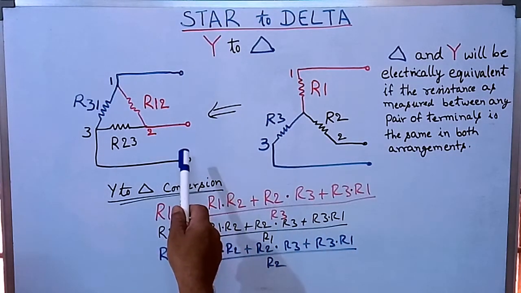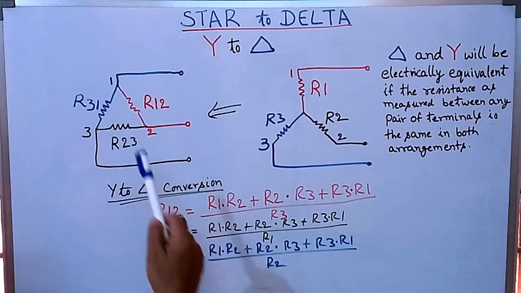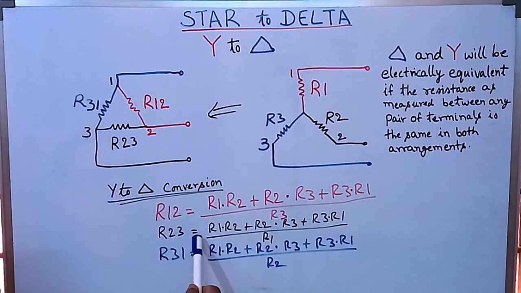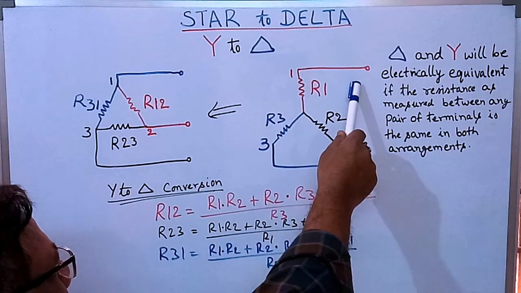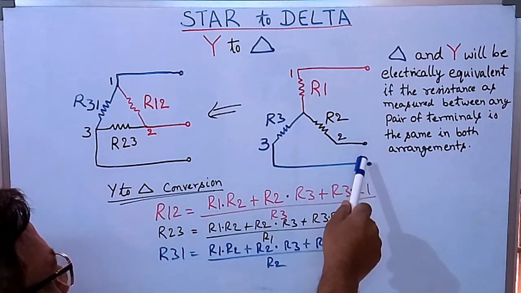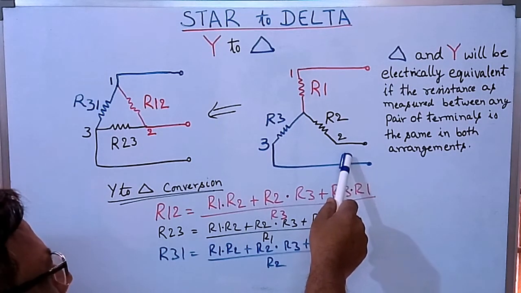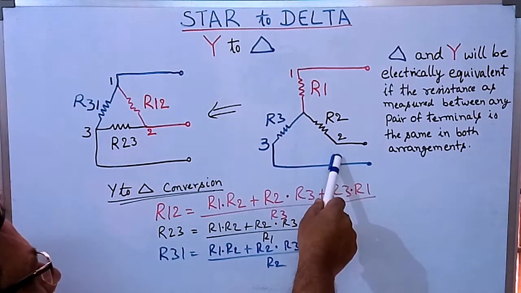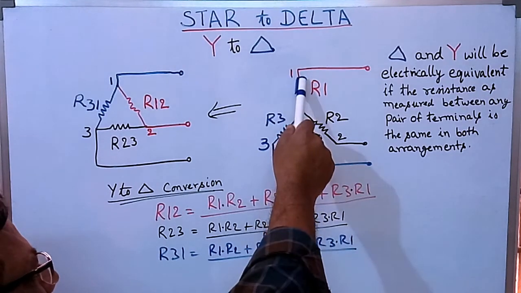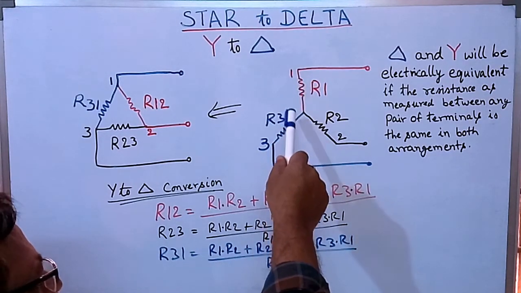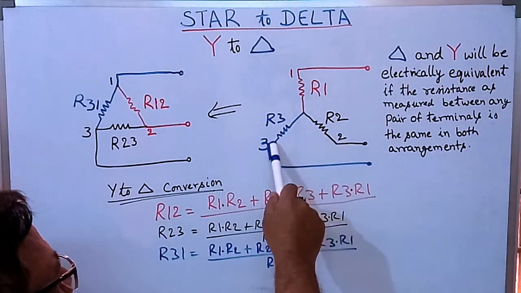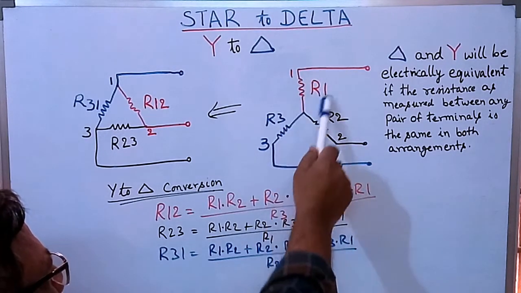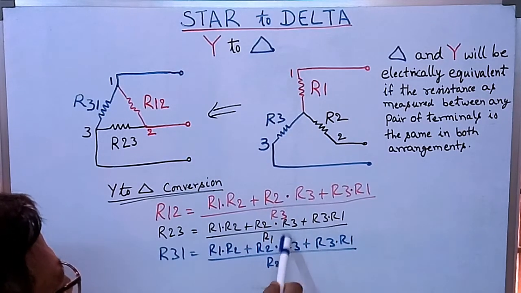For terminal 2 and 3 in delta, the resistance R23 equals the product of resistances between terminal 1 and 2 plus the product of resistances between terminal 2 and 3 plus the product of resistances between terminal 1 and 3 divided by, since we are seeing for 2 and 3, the opposite resistance R1.